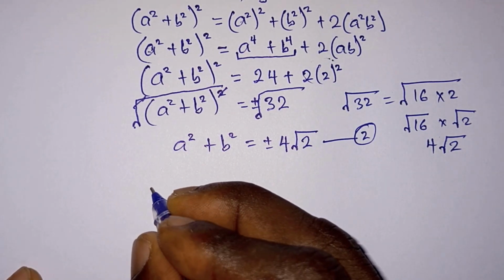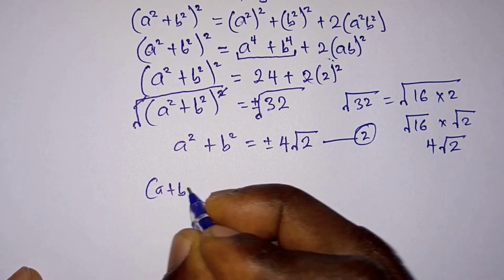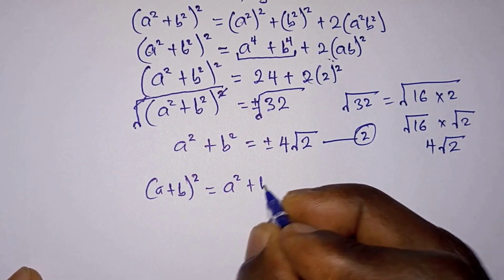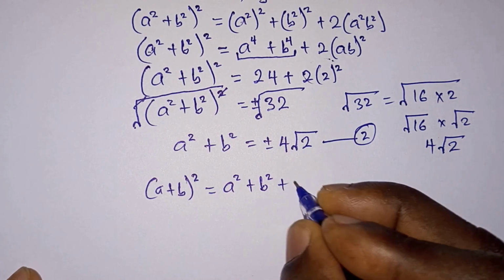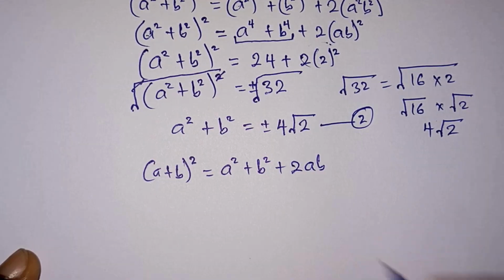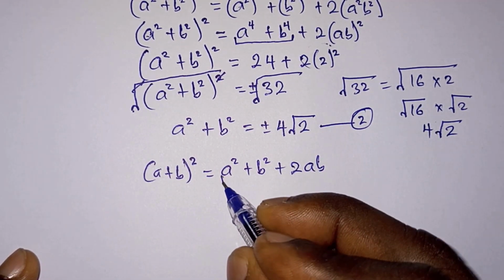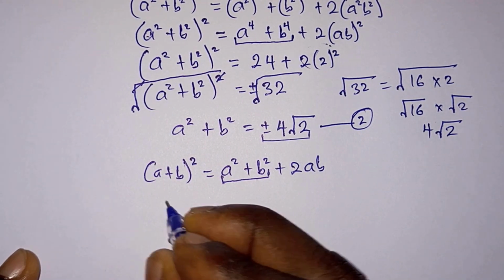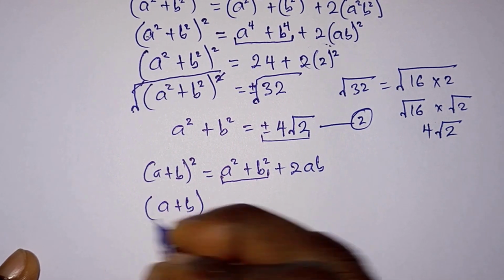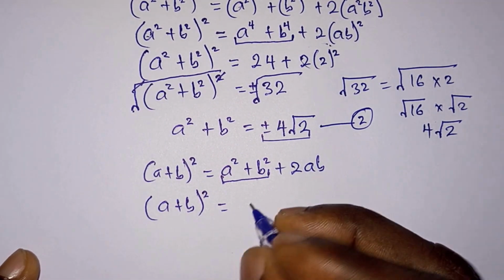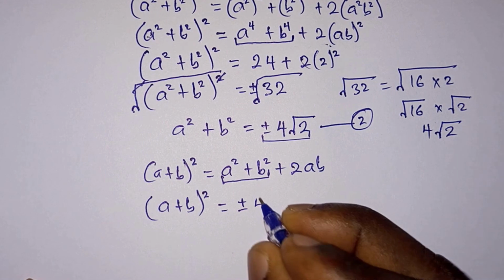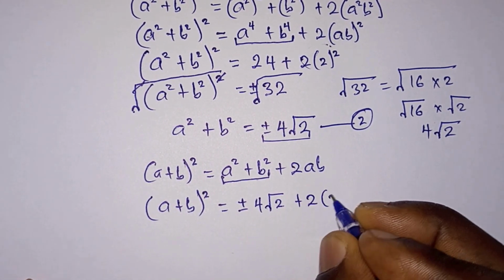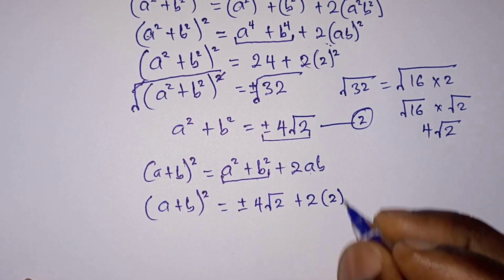Let's also recall that a plus b all squared is the same as a squared plus b squared plus 2ab. From equation 2, we know a squared plus b squared to be this. So we're going to have a plus b all squared is equal to plus or minus 4 square root of 2 plus 2 times 2, because we have ab to be 2.